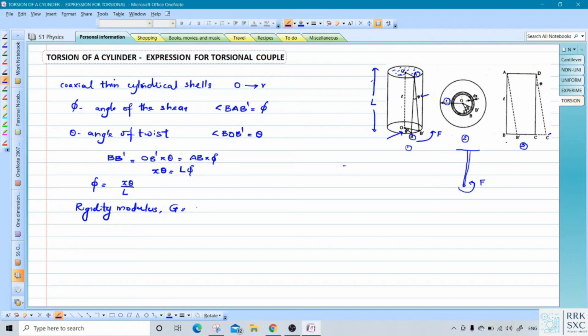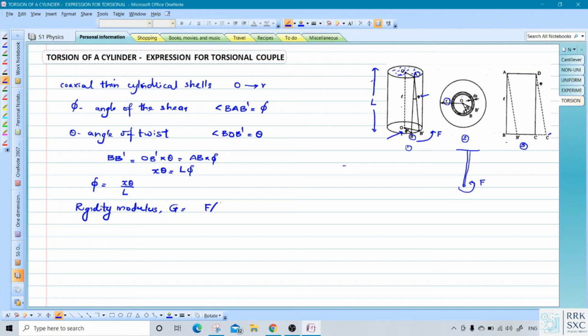Stress is nothing but force per unit area. So let us write it as force per, now what is the area? Here you have to consider the area of the base of the cylindrical shell. That is from figure 2, that will give you the base of the cylindrical shell.